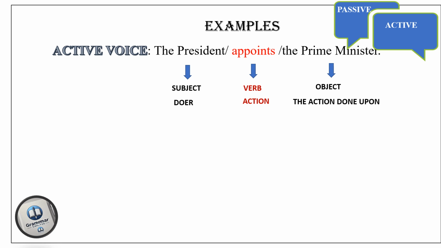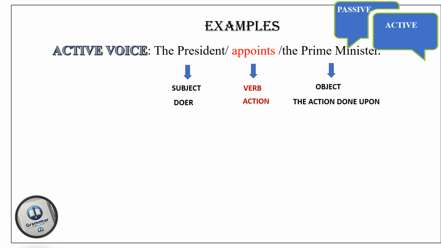And the basic rule is object will become subject, subject will become object. Means in this question, the prime minister, which is an object in active voice, when you change into passive voice, will become subject, and the subject, the president, will become object.